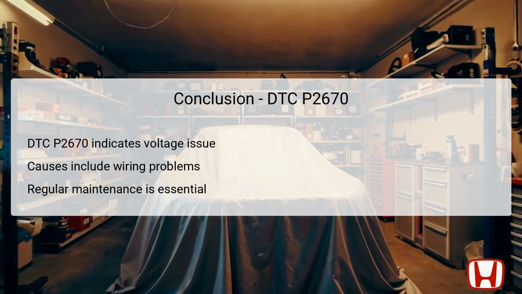We reviewed a structured troubleshooting guide to effectively diagnose and remedy the issue, emphasizing the importance of each step. Moreover, applying preventive maintenance can help ensure continued vehicle performance and reduce future occurrences of this DTC. Understanding the nuances of DTC P2670 can empower vehicle owners or technicians to take informed action, enhancing overall safety and reliability.